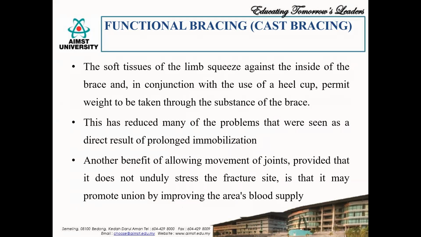So nowadays, I told you, right? Earlier, long back, we believed that we should not use the limb. Throughout the immobilization period, we did not allow the patient to bear weight or do any active movements. But recently there are so many articles suggesting that we need to mobilize, or start early.